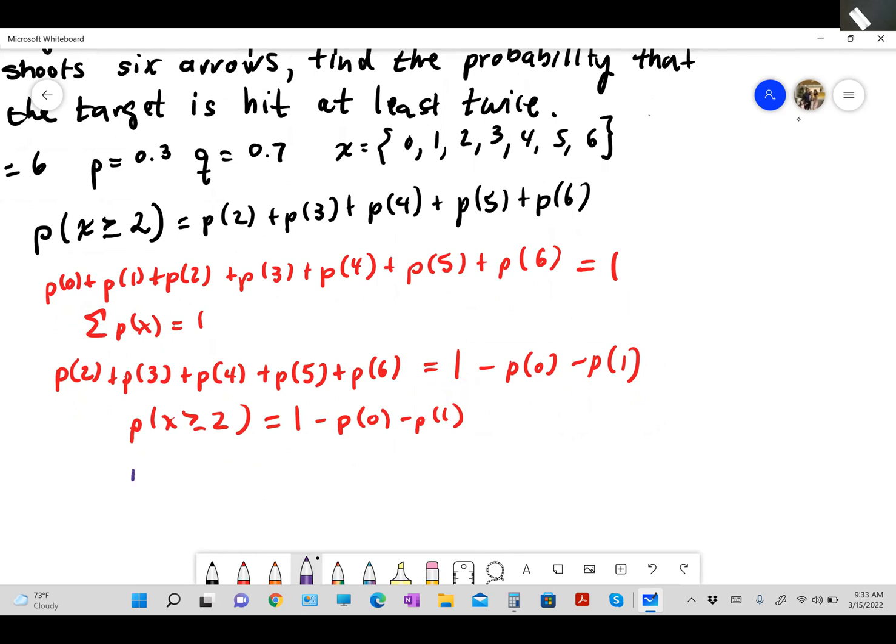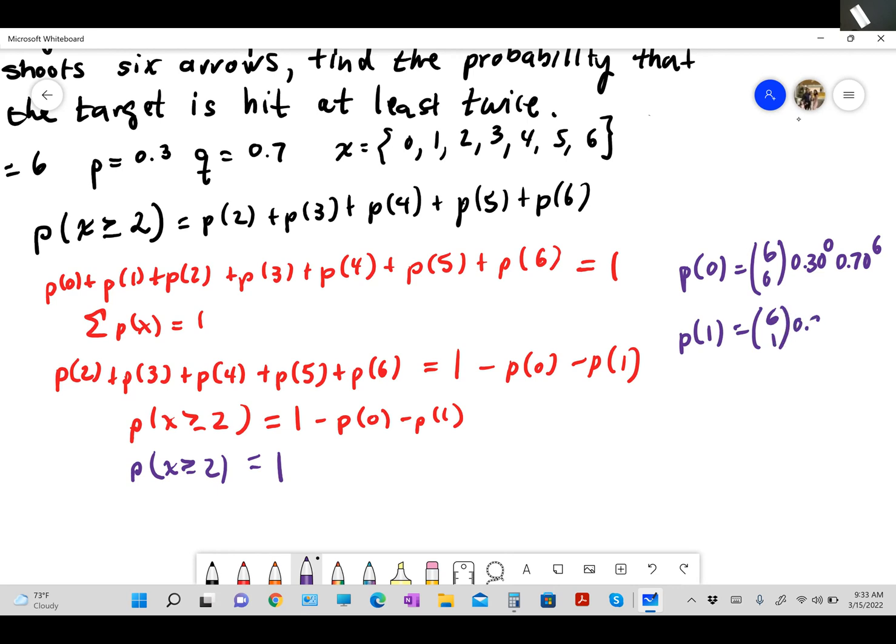So this is going to be 1 minus, and over here, P of 0 is equal to 6 choose 0 times 0.30 to the 0 times 0.70 to the 6, and P of 1 is 6 choose 1 times 0.30 to the first times 0.70 to the fifth, whatever that comes out to, right? And you have to write it like 0.7, 0.4.